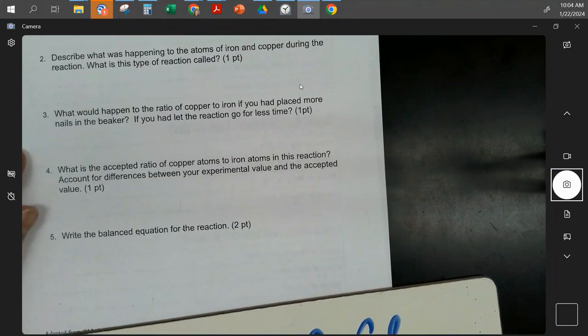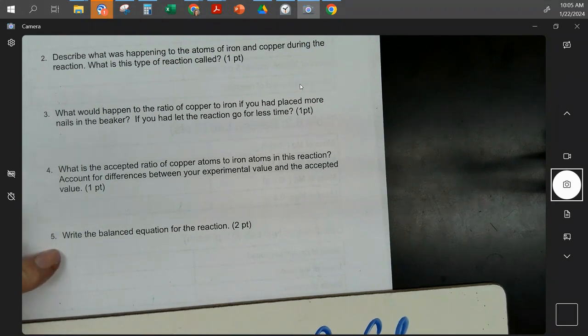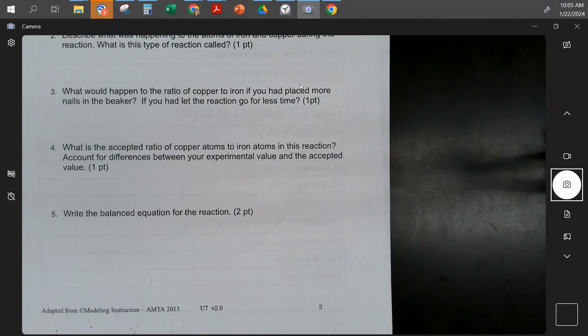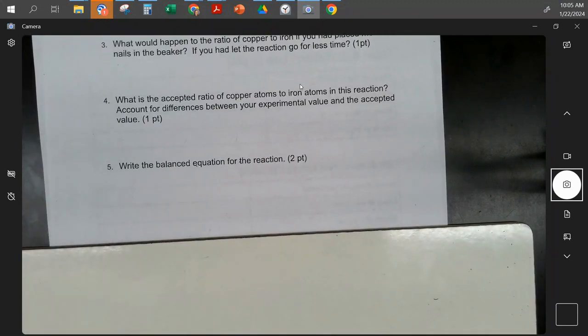Okay, number 4. What is the accepted ratio of copper to iron atoms? Yeah. What is the accepted ratio? So let's first do number 5. I feel like this will make more sense if we do number 5 first. So the first thing that we need to do is balance the equation, and then we'll think about the accepted ratio.